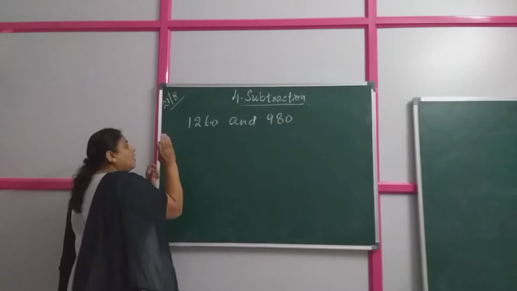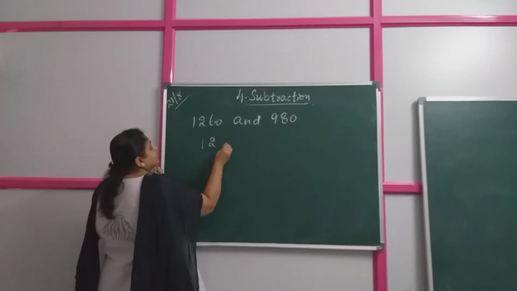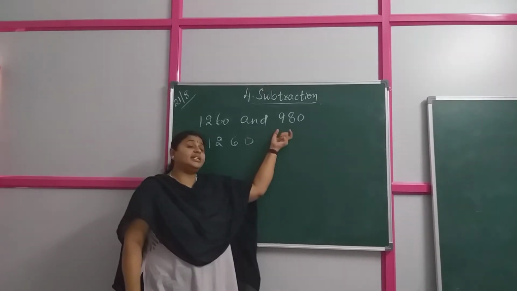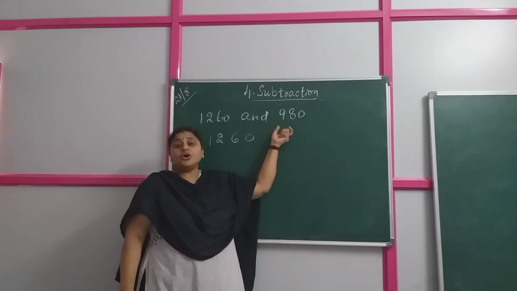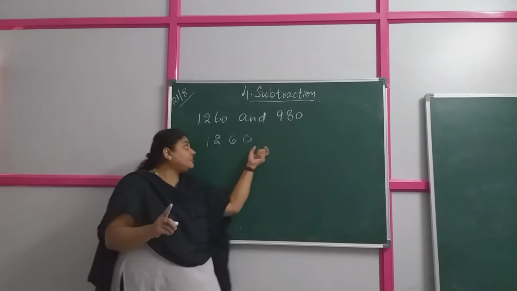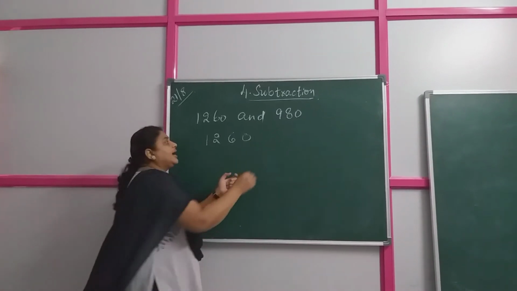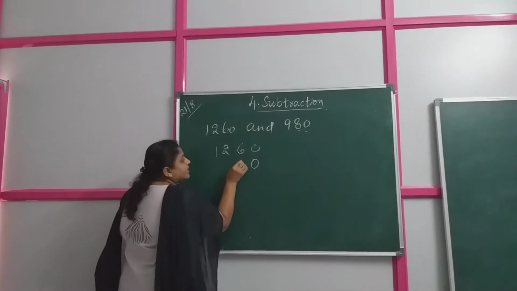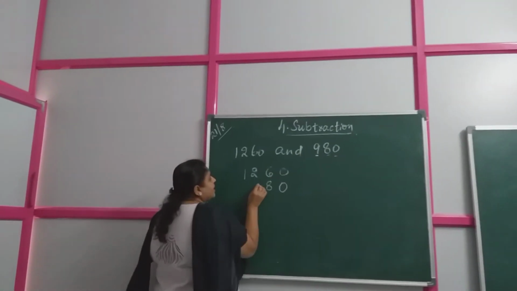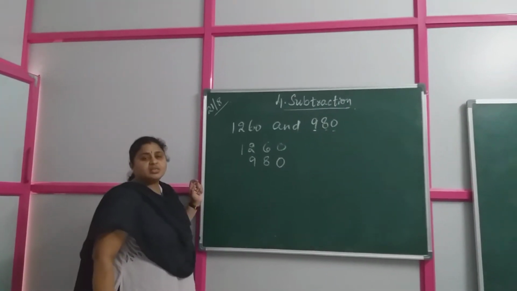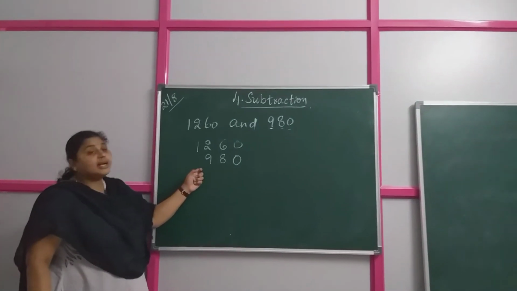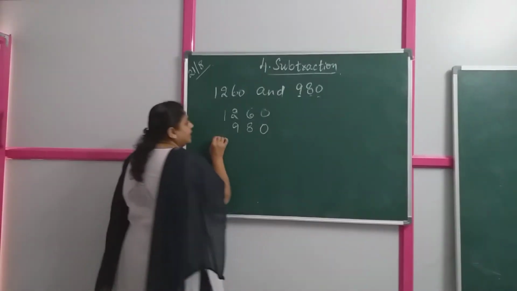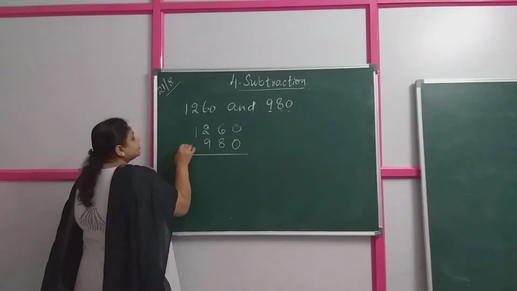Now always the bigger number, 1260, first. You have to start arranging from the ones digit. Right? 0 under 0, 8 under 6, 9 under 2. This is how you will arrange. Already you have learned this arrangement while doing addition. Am I right children?